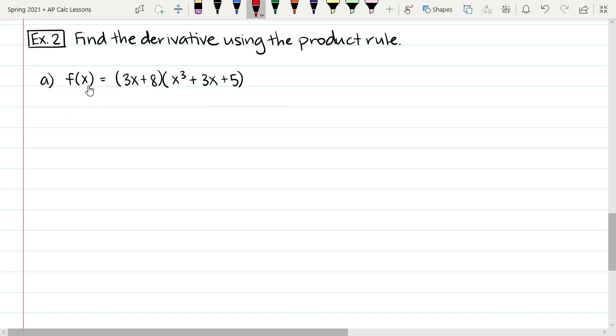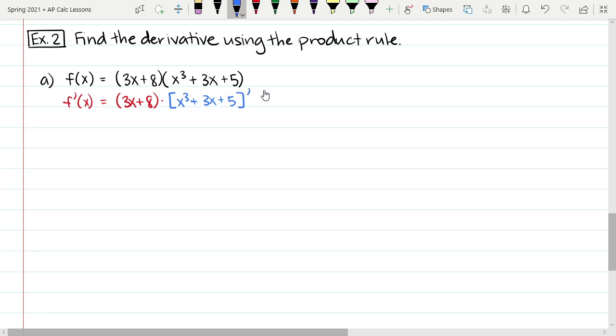Okay, so to use the product rule, we're going to do f prime of x, the derivative of this product. Now, watch carefully how I'm showing my work. In some of these steps, I'm just going to show our intent to find the derivative, but not actually find it yet. So the derivative will be the first function, 3x plus 8, times the derivative of the second function.